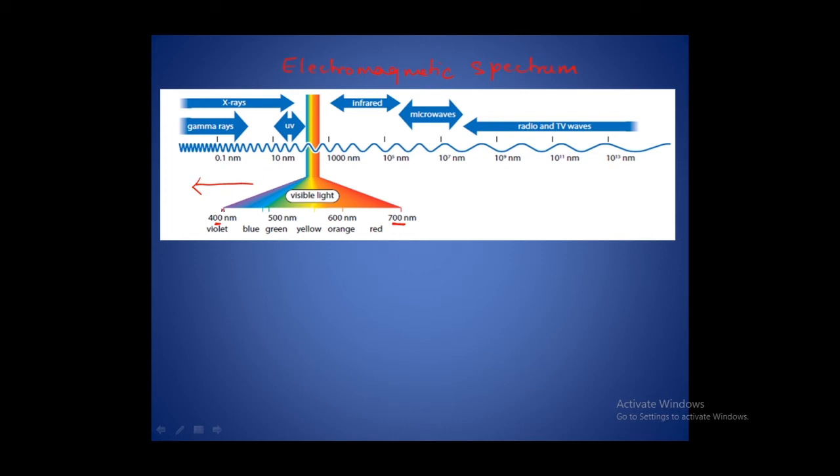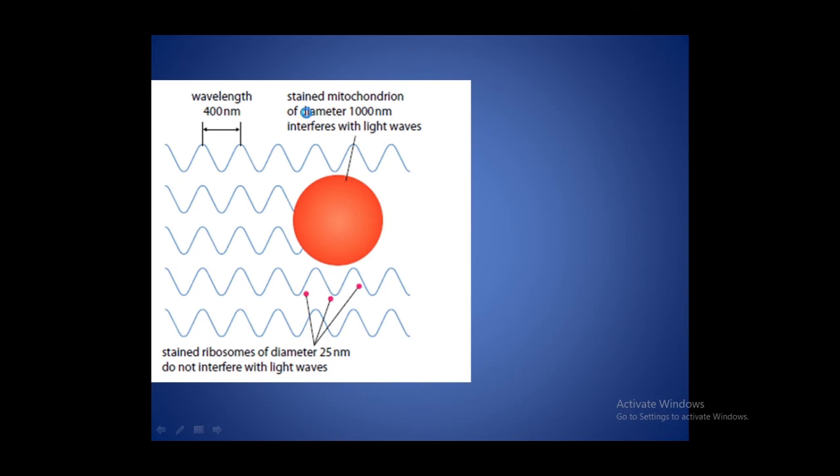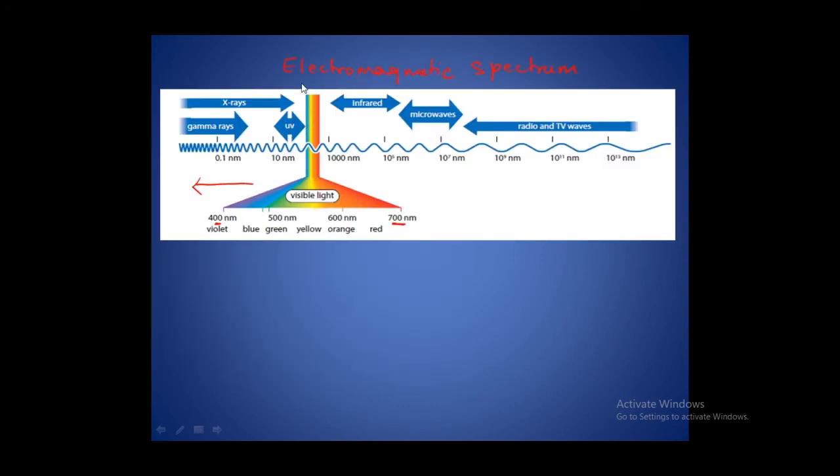So if I want to increase my resolution, I can simply go below 400 nanometer. I can use radiations like UV, or I can use radiations like X-ray or maybe gamma rays, right? So that can be used in order to increase the resolution.